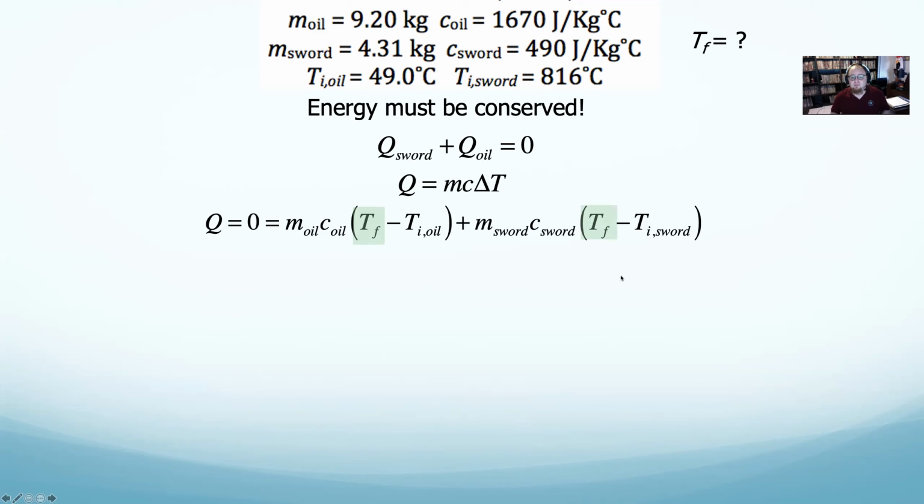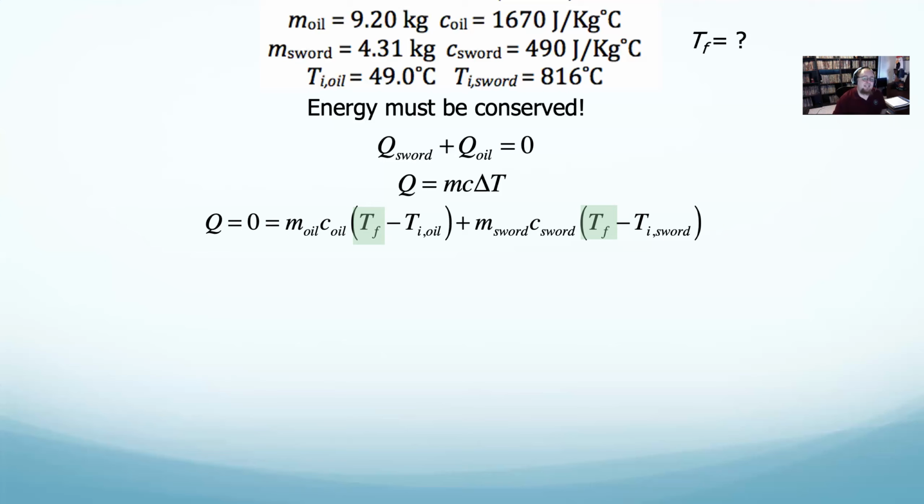And the answer is yes. They're both the same. You don't solve for one or the other. It's just algebra at this point. It's not the world's simplest algebra, but it's algebra you should know how to do, and I'm about to show you. I'll rearrange and solve for the final temperature.